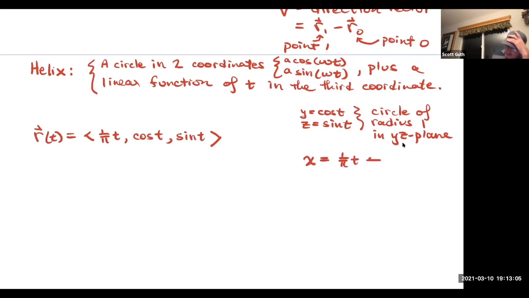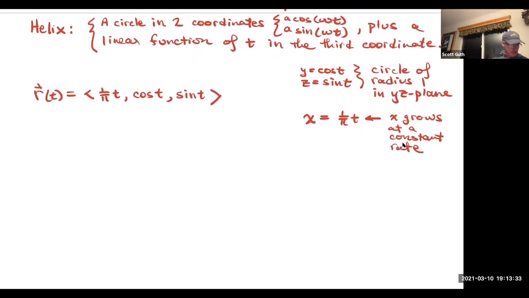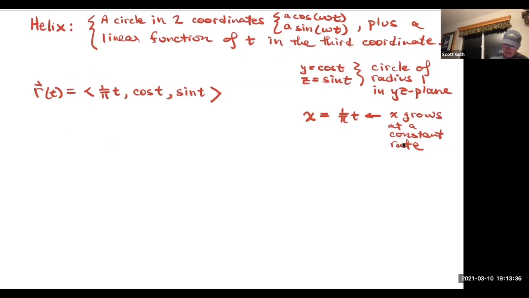So this is just x growing at a constant rate, as the point is sort of circling around the x-axis in a circle. Okay, x grows, which makes it look more like a spring than a circle. So this is always a little tricky to draw. I'm going to do my best.